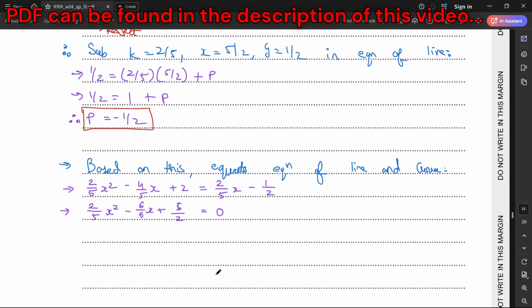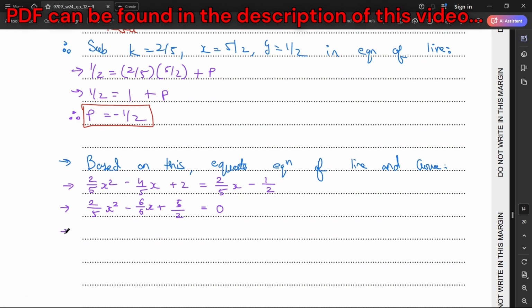And now I'll just be using the quadratic formula stating that a is equals to 2 by 5, b is equals to minus 6 by 5, my c is equals to 5 by 2, and using x is equal to minus b plus minus square root of b square minus 4ac, and this is whole divided by 2a.